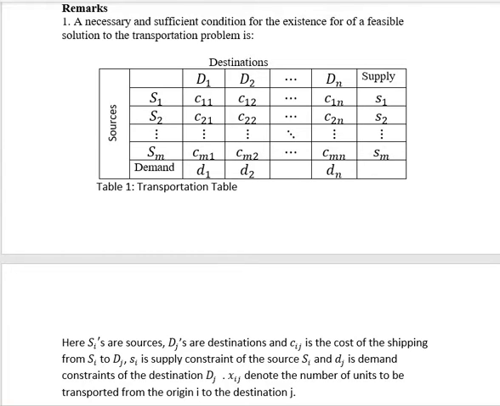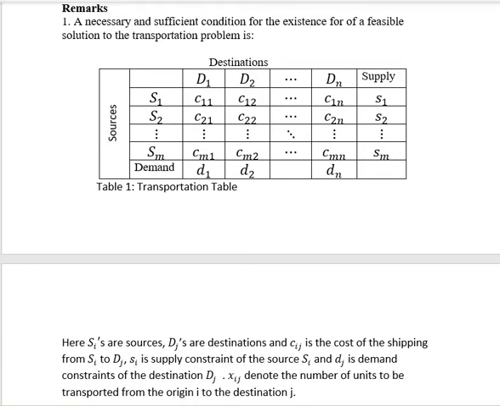Now we can see certain remarks about the transportation problem. First is the transportation table, which is shown in the figure. Here, Si are the sources, Dj are the destinations, and cij is the cost of shipping from Si to Dj, that is, from the ith source to the jth destination.